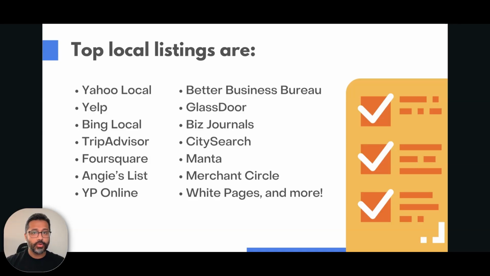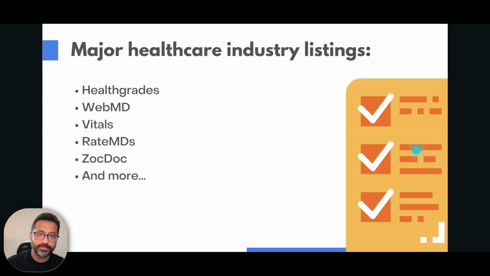Other top local listings include Yahoo Local, Yelp, Bing Local, Foursquare, City Search, and so on, okay? And of course, we can't forget industry listings like Health Grades, WebMD, Vitals, RateMDs, ZocDoc, and so on.